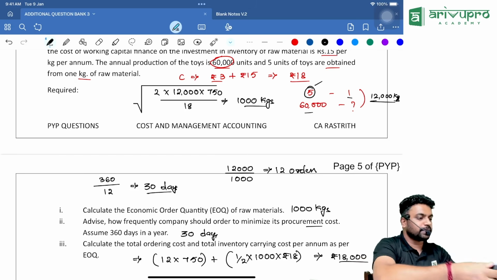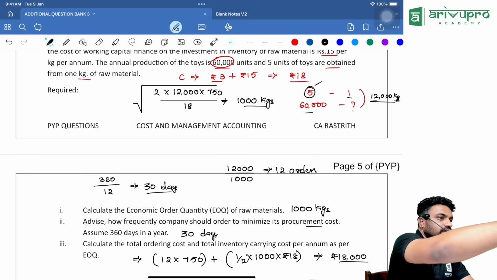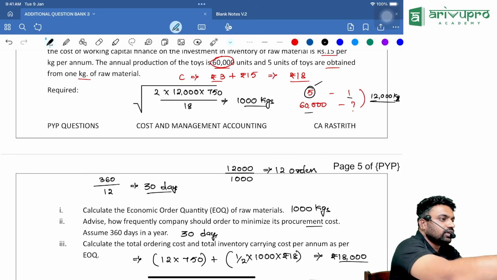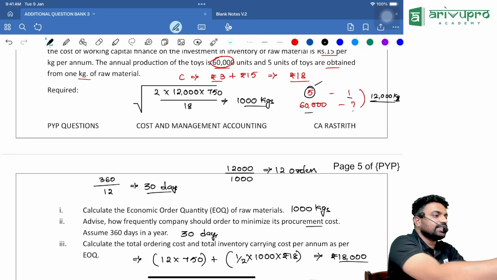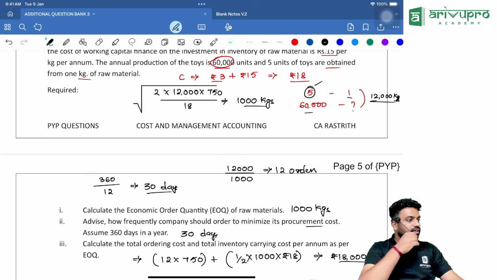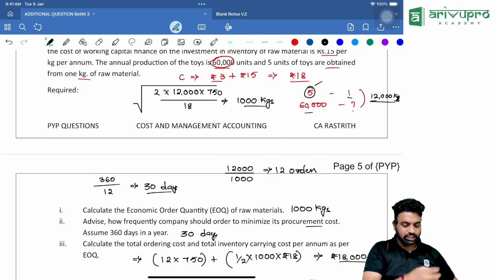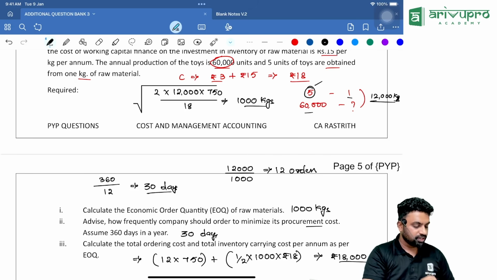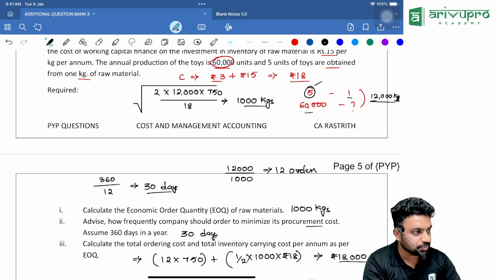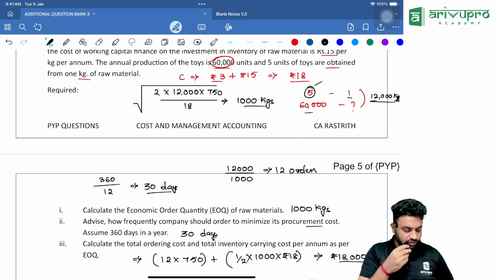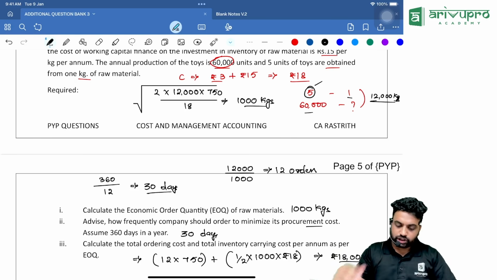Per order, how much are we spending? 750. 12 into 750 is 9,000. Carrying cost means what? Half of order size into carrying cost per unit per annum. So half of order size is how much? 500. Into carrying cost per unit per annum, 18 rupees. 9,000. 9,000 plus 9,000. Anyone in doubt in this? Fine. So we can proceed to the next one.